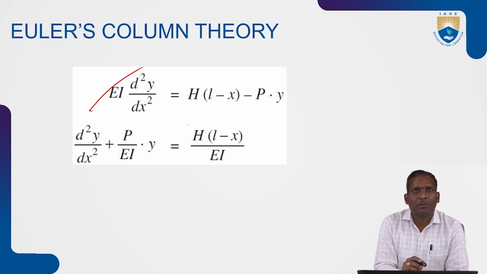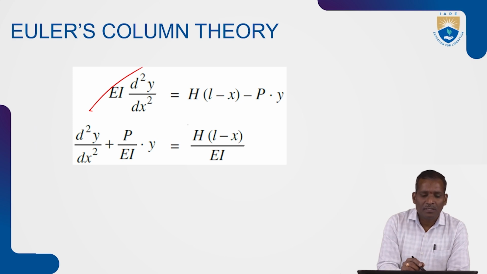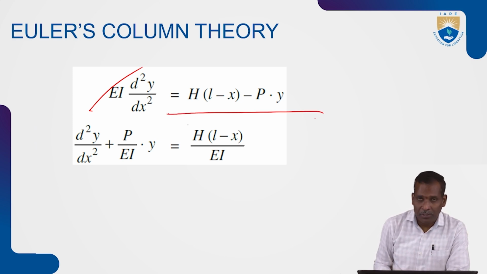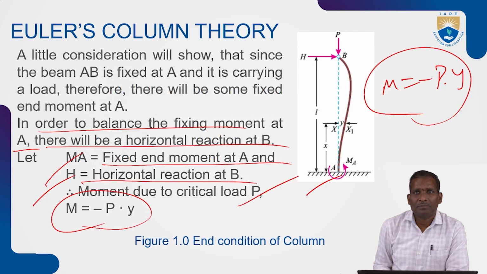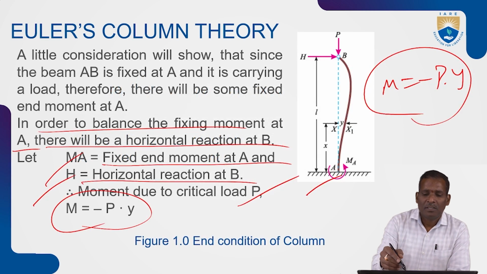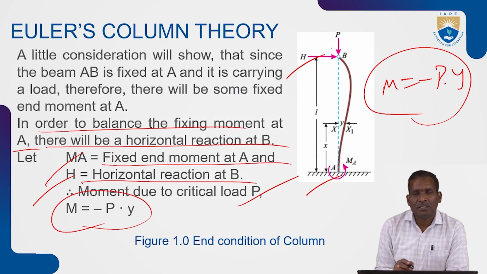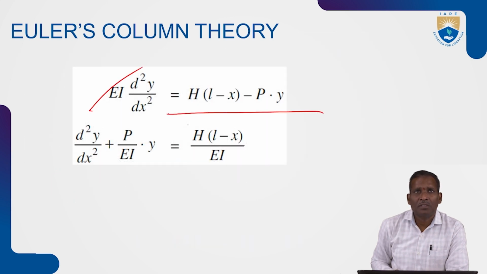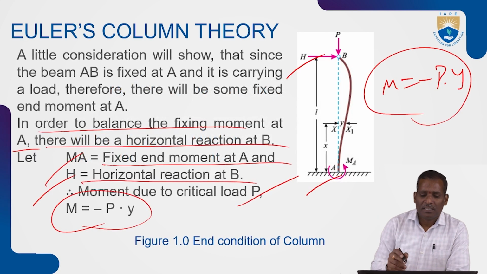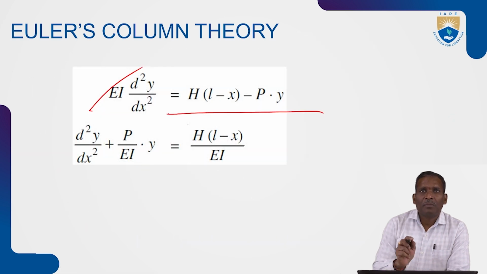Now write down the equation: EI d squared y by dx squared is equal to H into (L minus x) minus P into y, as shown in figure. H is the horizontal reaction force, H into (L minus x), and then P into y.